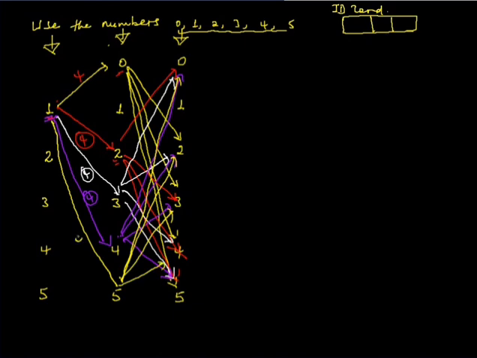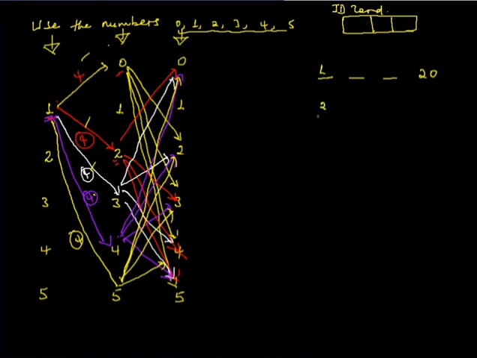You see, without changing the number 1, by fixing 1, we can have 4 plus 4 plus 4 plus 4 plus 4. By fixing 1, we can have 20 ID numbers.